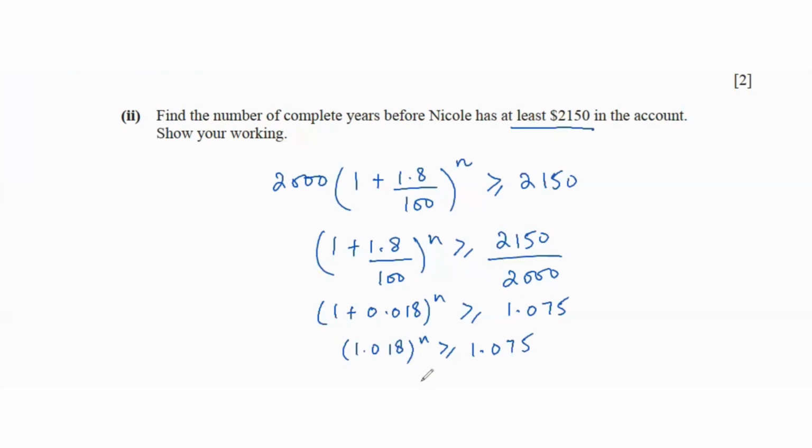So at n equals 4, 1.018 to the power of 4 is basically equal to 1.0739, which is approximately 1.074. So that means your value of n has to be greater than 4. It can't be 4. So n is 5.